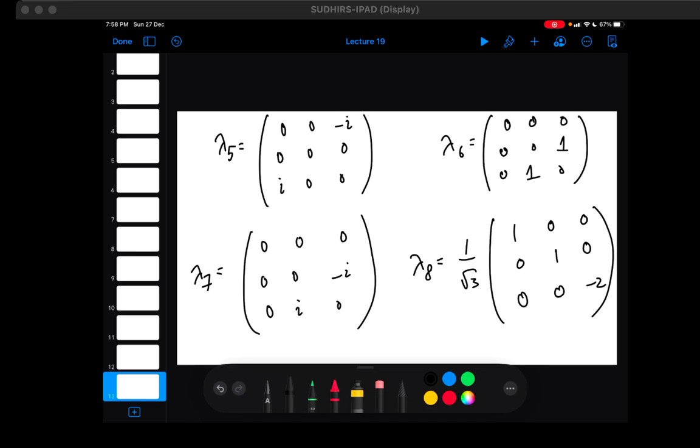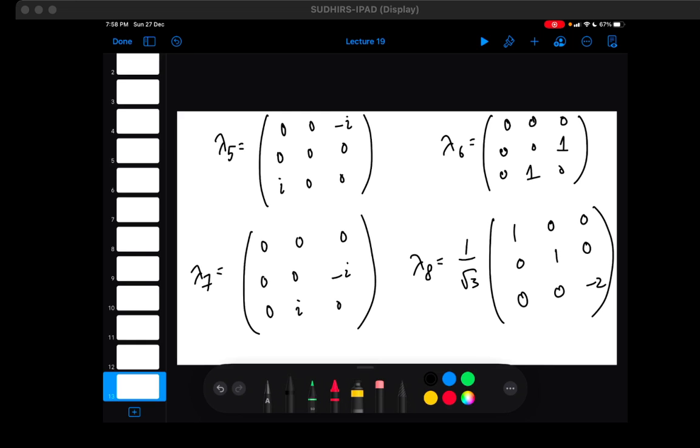Okay, all these matrices are traceless and Hermitian, as expected.